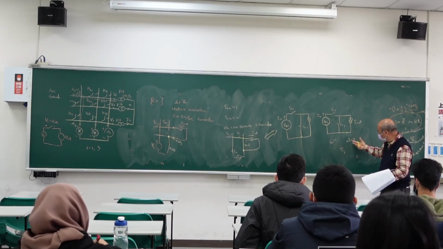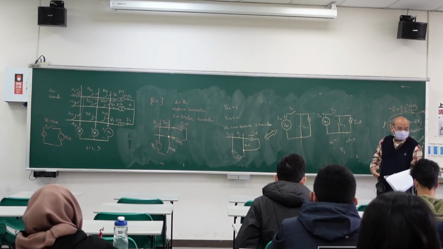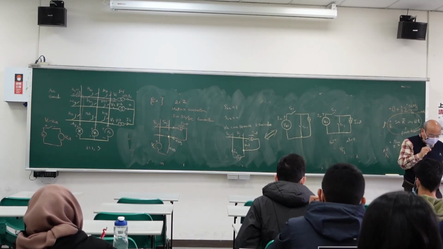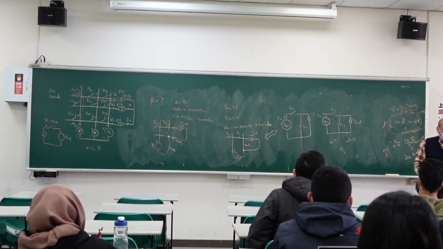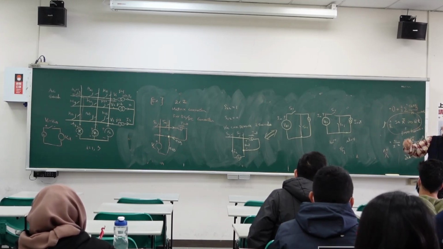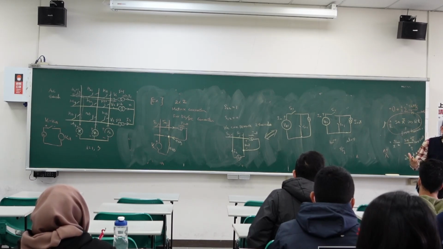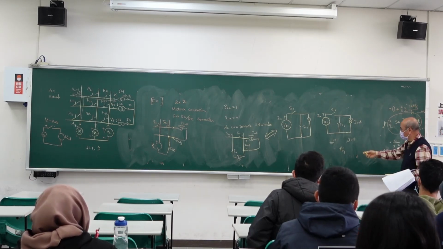If delay is too short, then overlap, short circuit. So do you like to use the 2 MOSFETs? Yes or no? If you think yes, please raise your hand. If you think no, please raise your hand. The answer is no.